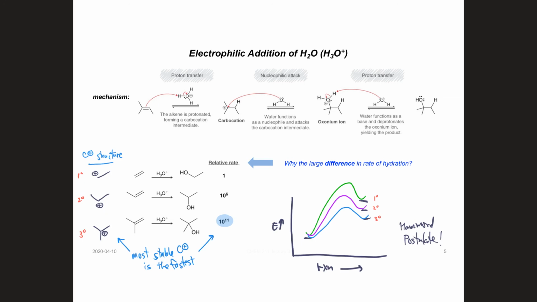So in this example for hydration reactions, or in general HX additions, the rate determining step is going to be formation of the carbocation intermediate. That is why overall we see a difference in rate for different substrates. So substrates that create more stable carbocations will in general react much faster for these electrophilic addition reactions of HX and water.